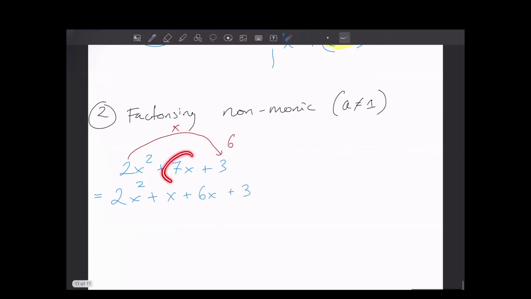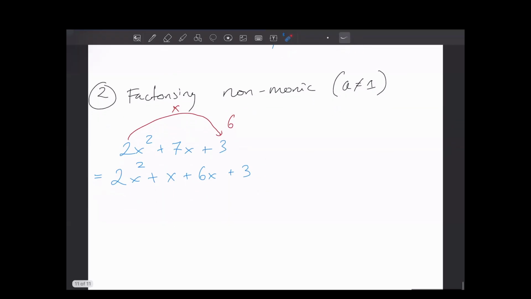That 1 and 6 comes from the numbers you just came up with. They multiply to give this, and they add to give 7. Does this step make sense? Yeah, I remember this now. Nice. Could you talk me through what we do from here?